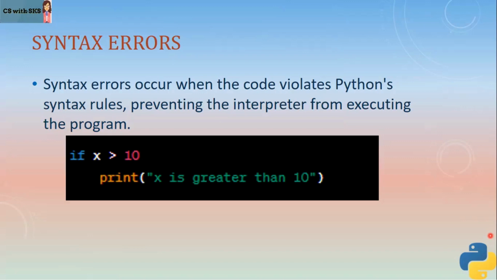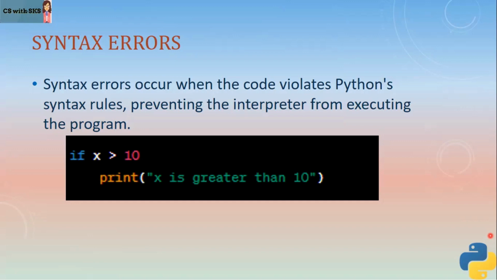So while writing, you make some mistakes, you do not follow some rule, or maybe you misspell something, then the interpreter prevents you from executing the program. You cannot get the output until you remove all those errors, right?